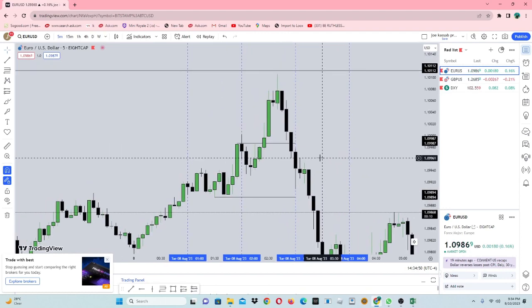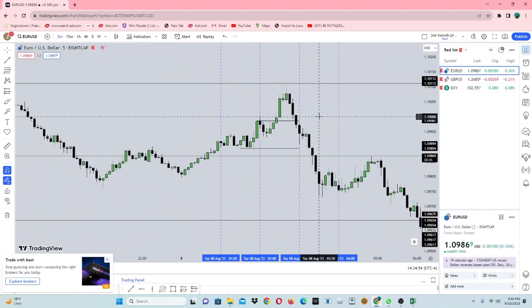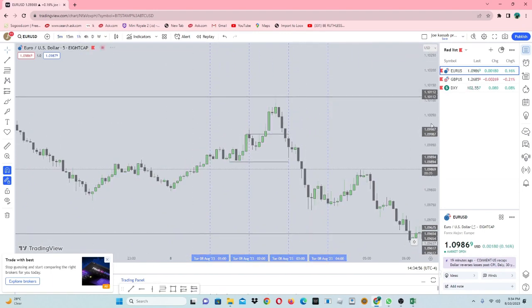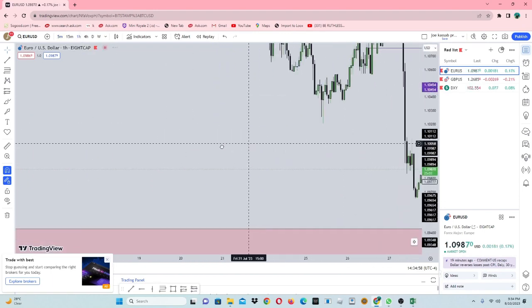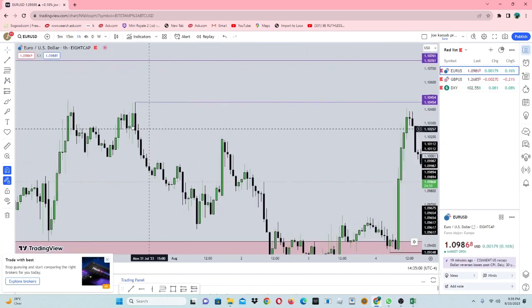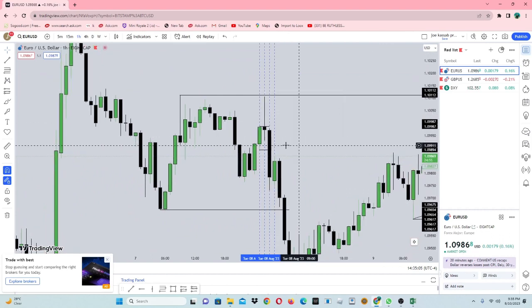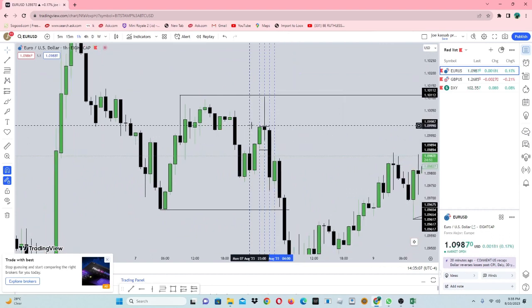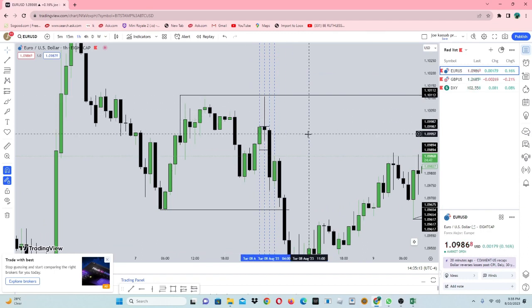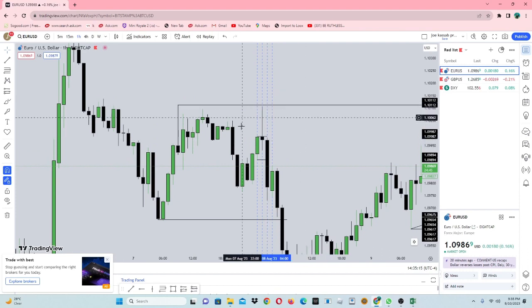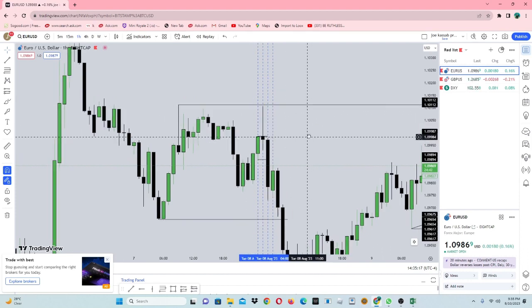In this scenario, I needed another entry model in order for me to have more opportunity going into the market. So what I did as an entry model, I need a sweep of the previous candle's high while forming the swing point at the hourly candle.